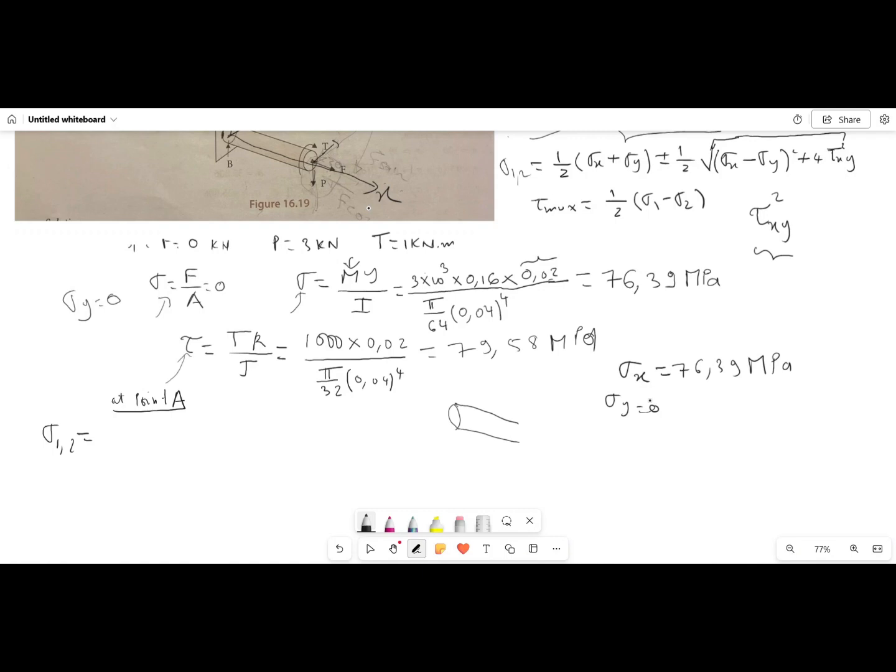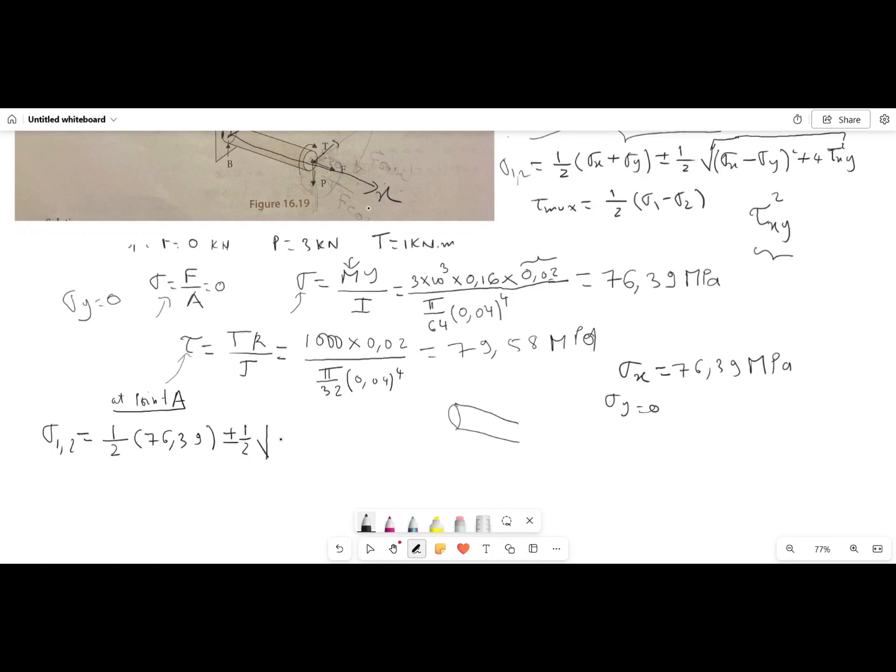So we just come to the formula here. At point A, we're going to have half, rho x is 76.39. Remember, rho y is 0, so it will not exist here. We go again, plus minus half root.